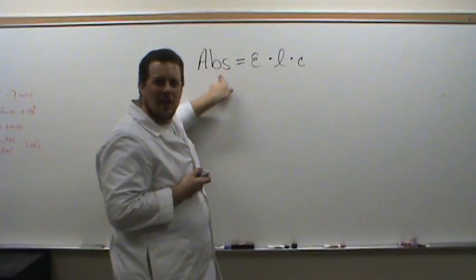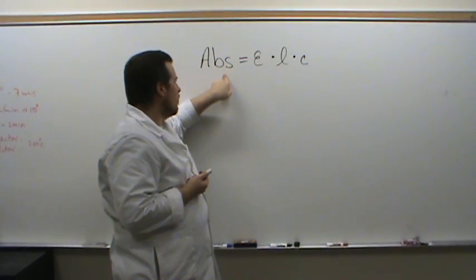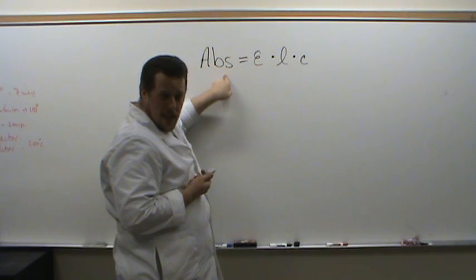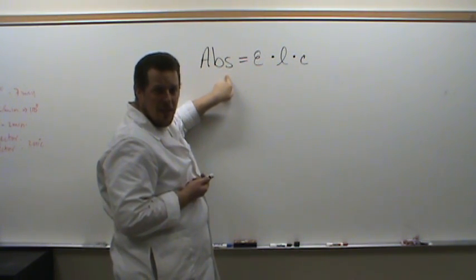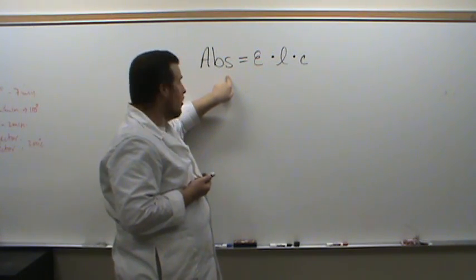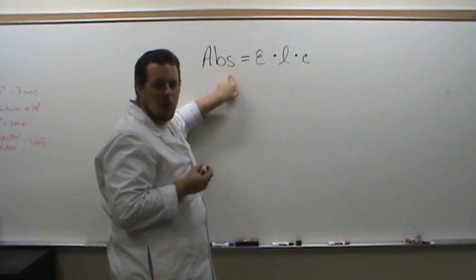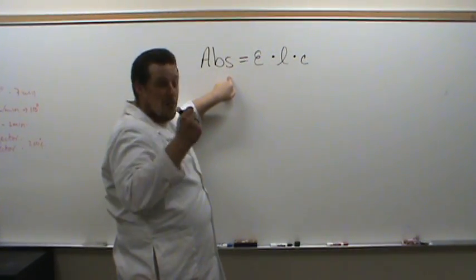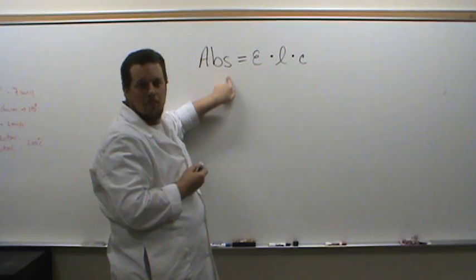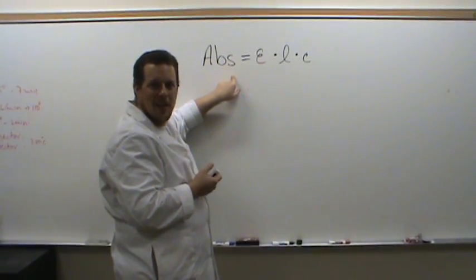What kind of a mathematical equation is this? Now, I can just about guarantee that any time a general chemistry professor asks you what kind of an equation is this, the answer is almost always going to be the equation of a line. Because lines make our job a lot easier when we're trying to analyze data.